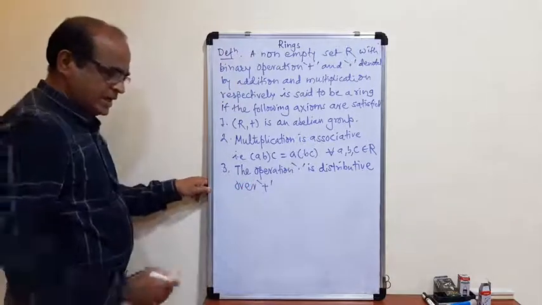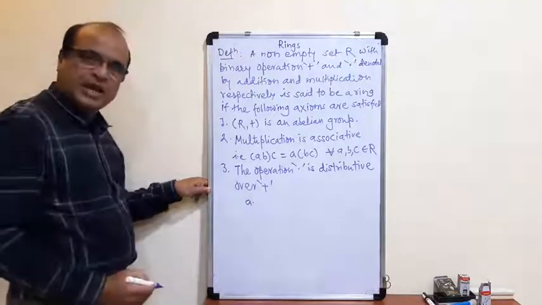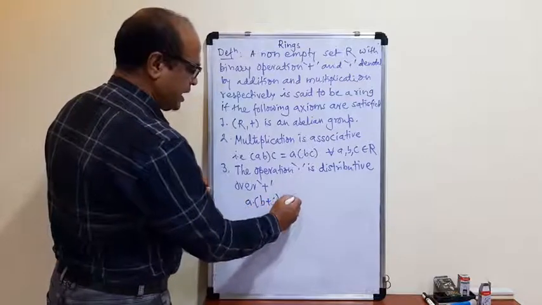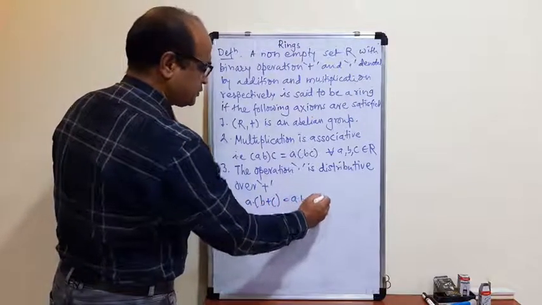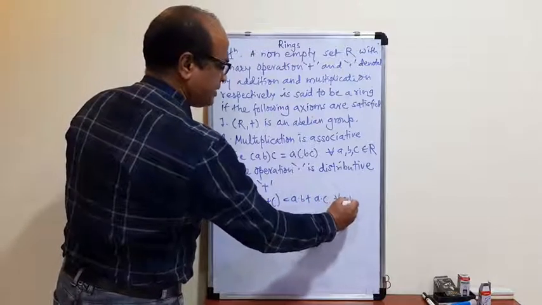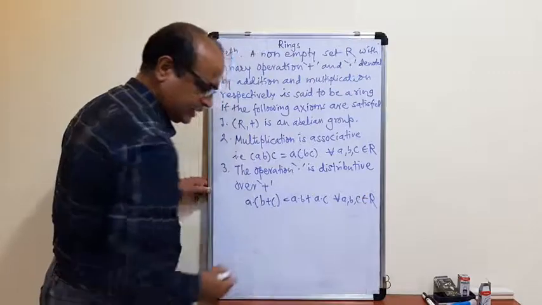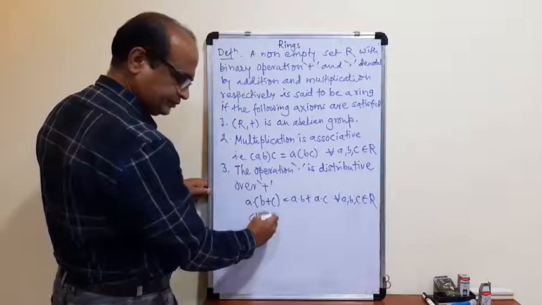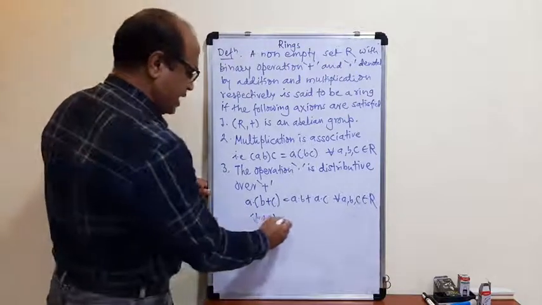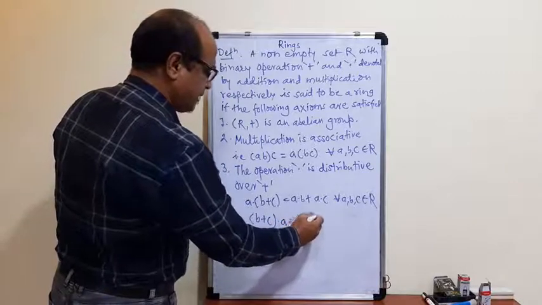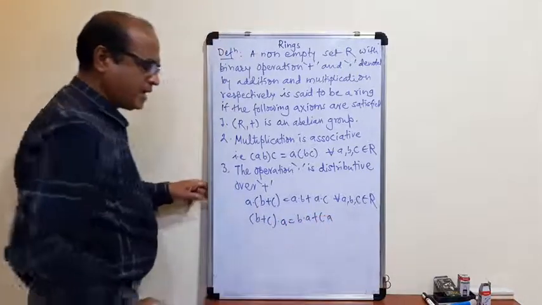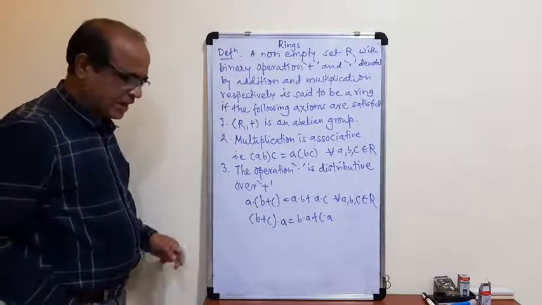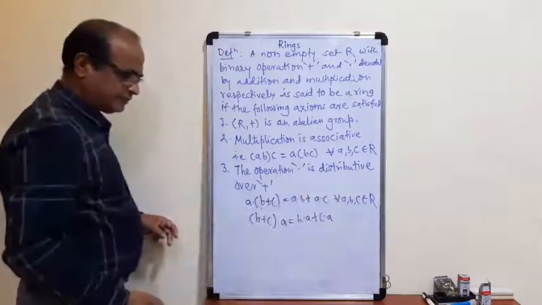That is, A into (B plus C) is equal to A into B plus A into C, for all A, B, C belonging to R. Or simply, (B plus C) into A is equal to B into A plus C into A. This is the left distributive law and this is the right distributive law, for all A, B, C belonging to R.